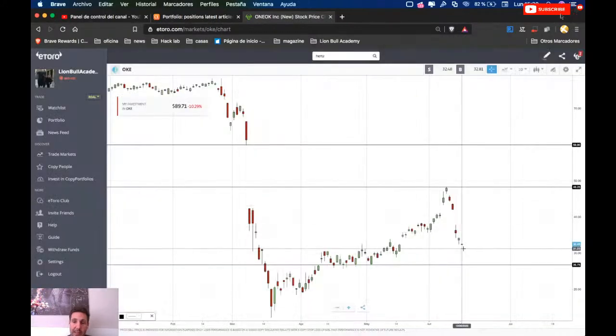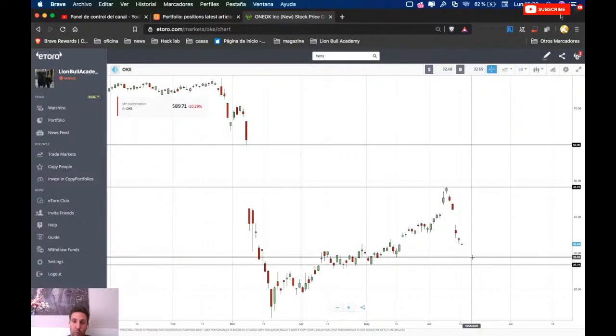So my next enter will be around this last low. This low here will also be an interesting enter. We just need to see if the market doesn't go till here. I just keep the position how I have it. It's just now minus 10% and it's okay. It means I'm willing not to risk too much.